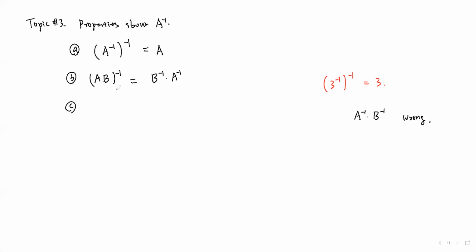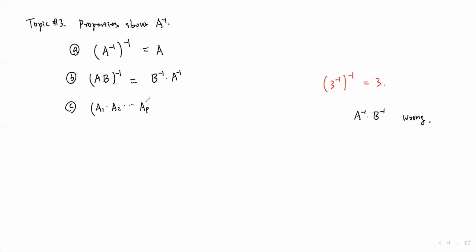C: I can extend property number 2 from AB, 2 matrices, to multiple matrices. Matrix A1 times matrix A2 and so on up to matrix AP, there are P matrices.